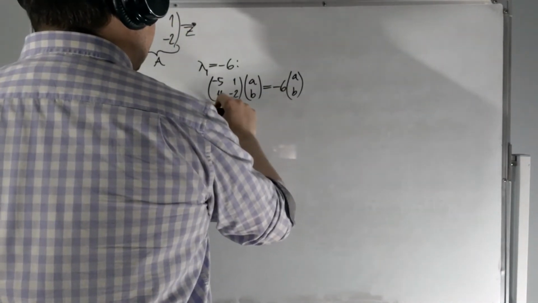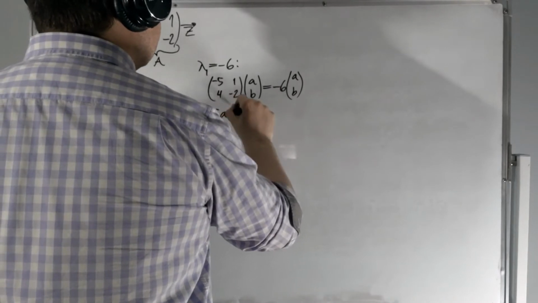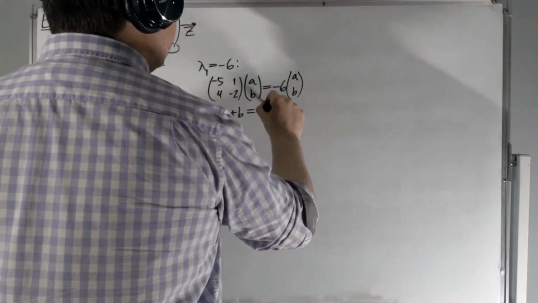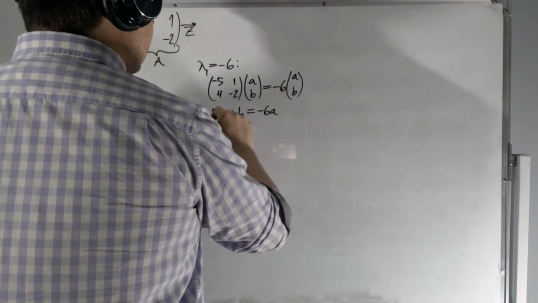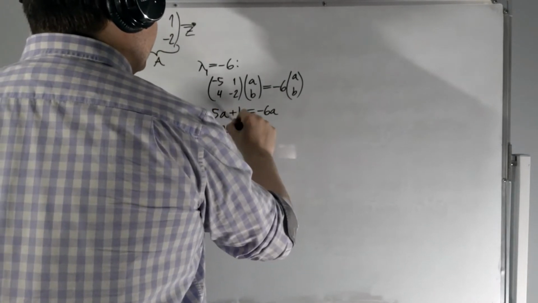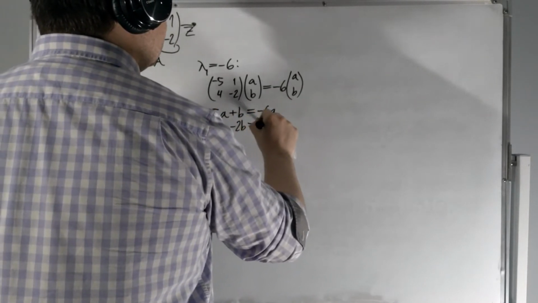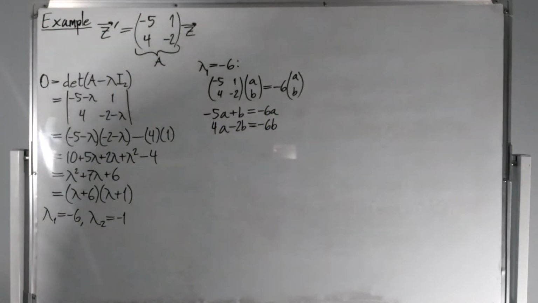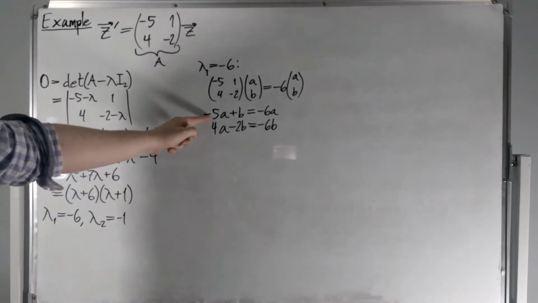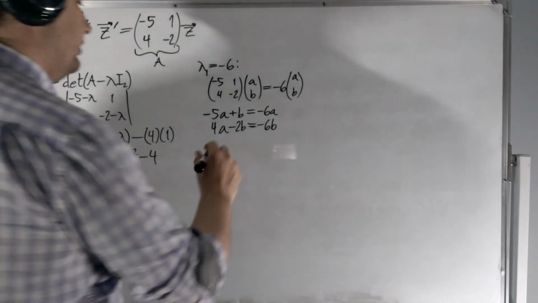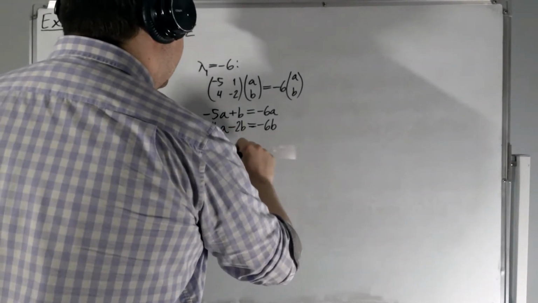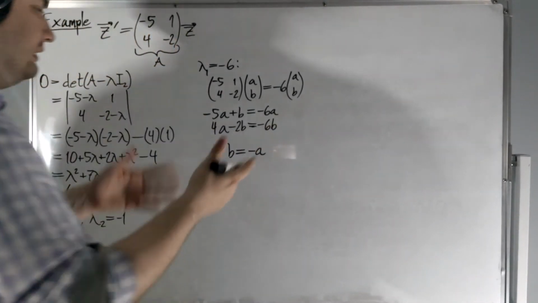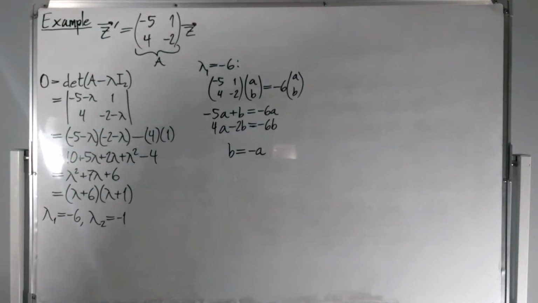Multiply through, and we get -5a plus b equals -6a, and 4a minus 2b equals -6b. Add 5a to both sides of the first equation, and you get b equals -a. And of course, you get the same result from the second equation too.